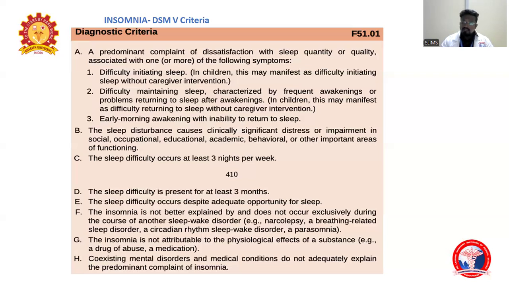The difficulty should be seen at least 3 nights in a particular week. Then the sleep difficulty is present for at least 3 months. The sleep difficulty occurs despite adequate opportunity for sleep.